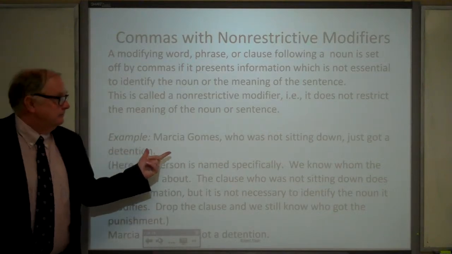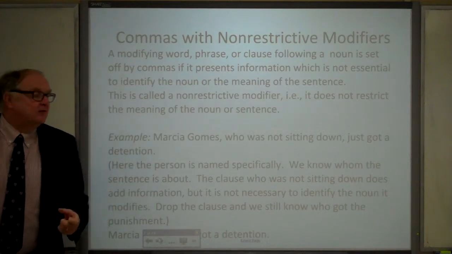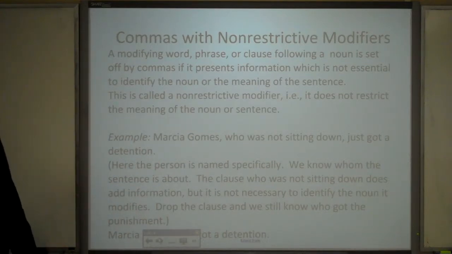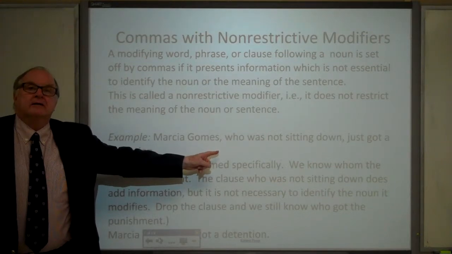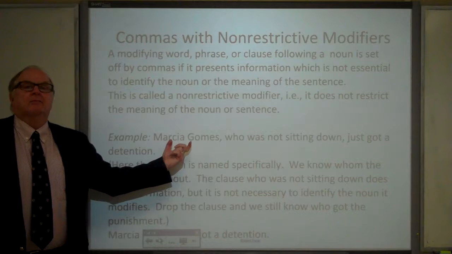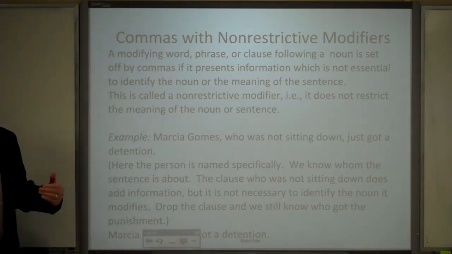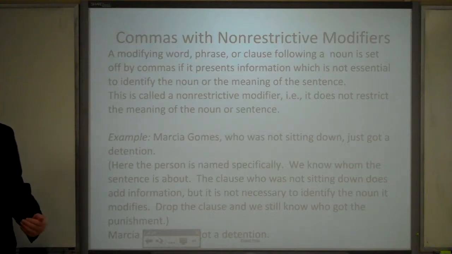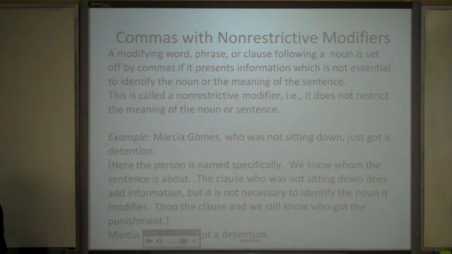However, in this sentence, "Marcia Gomes, who was not sitting down, just got a detention." Okay, in this case, that expression is set off by commas because Marcia Gomes is a name, a specific person, so we know who it is talking about even without that clause.